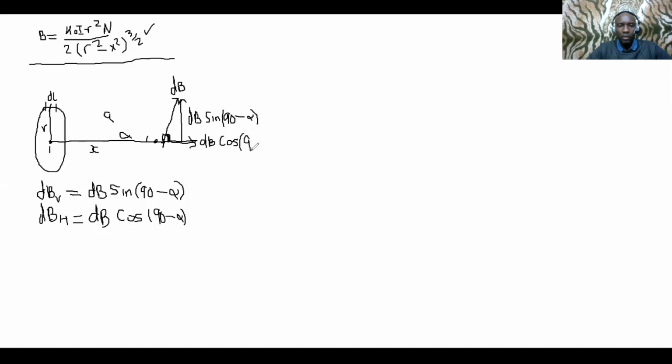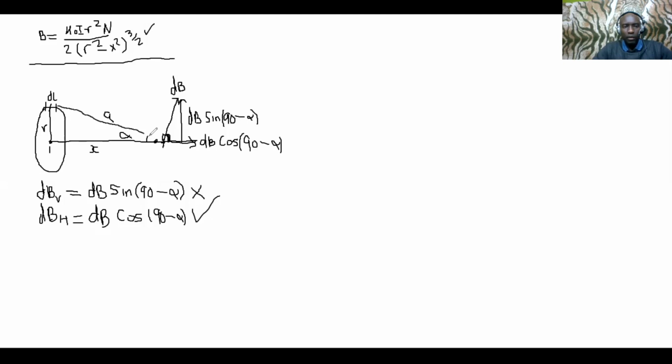Here is cos of 90 minus alpha, something like that. Therefore, we are going to leave the vertical component and continue with the horizontal component. Now for the horizontal component, let us write the expression for Biot-Savart.